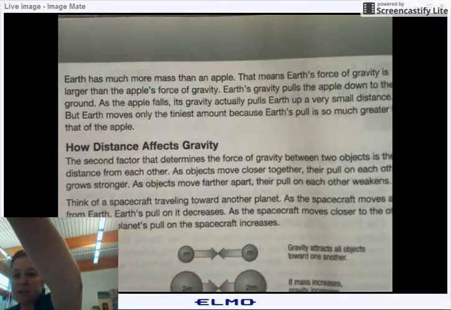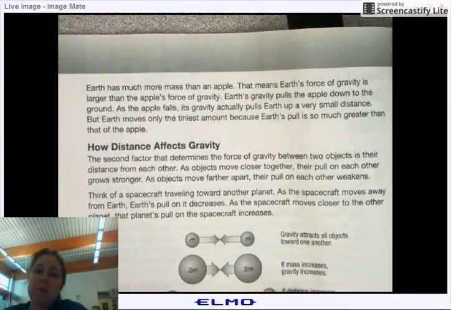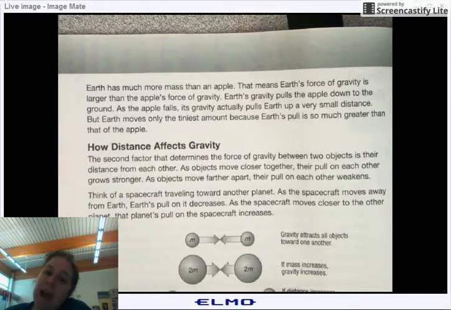This means Earth's force of gravity is larger than the apple's force of gravity. Earth's gravity pulls the apple down to the ground. As the apple falls, the apple's gravity actually pulls Earth up a very small distance. But Earth moves only the tiniest amount. Earth's pull is so much greater than that of an apple. The second factor that determines the force of gravity between two objects is the distance from one another.